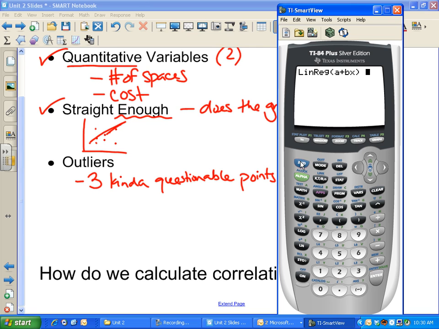I put my x variable in L5. That was the number of spaces, comma, L6. That was my cost. And here's my information. Since I'm looking for correlation, that means I'm looking for this R value. The R value. So it's 0.877.